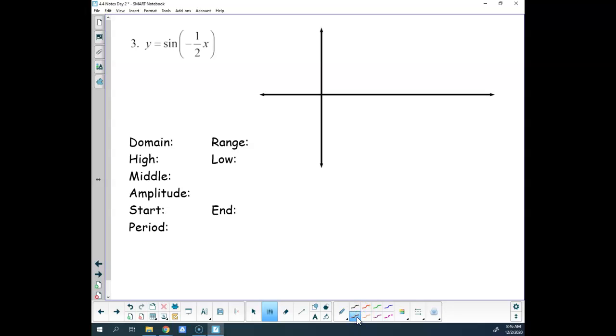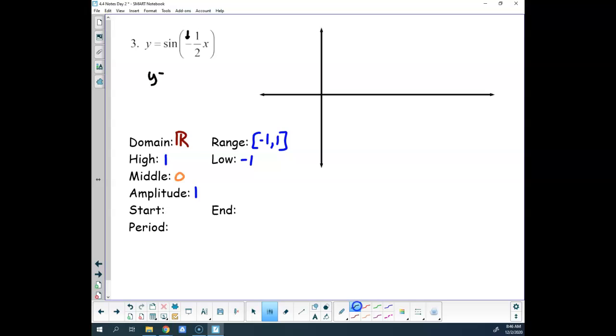Domain. Amplitude. Middle. That would give me highs of 1, lows of -1, range from -1 to +1. Okay? If I were to use my trig identities sheet, number 2, trig identity says that this negative sign right here gets to go out in front.